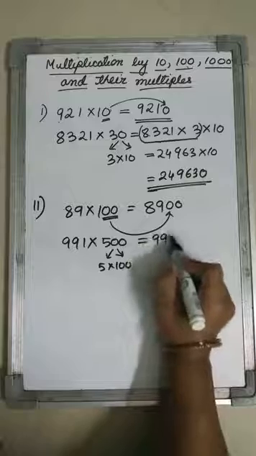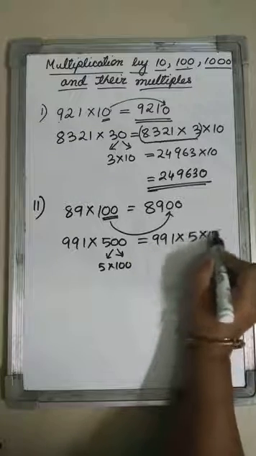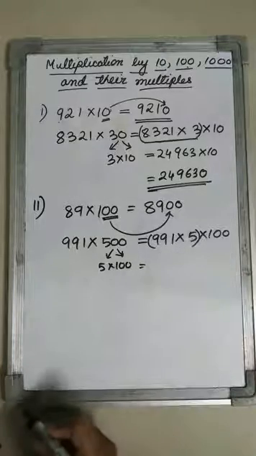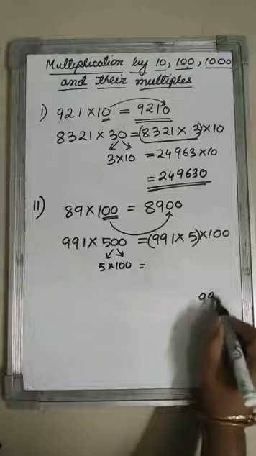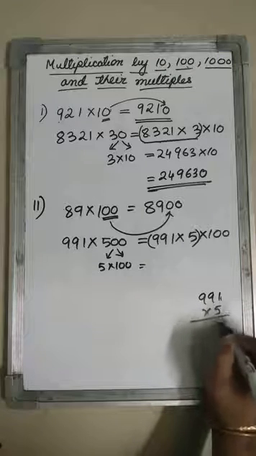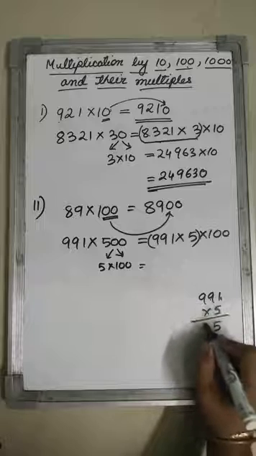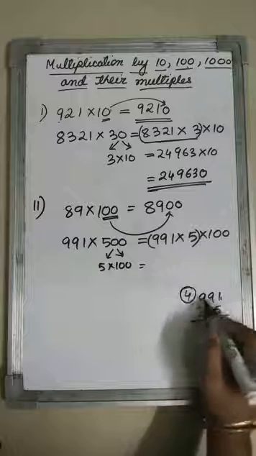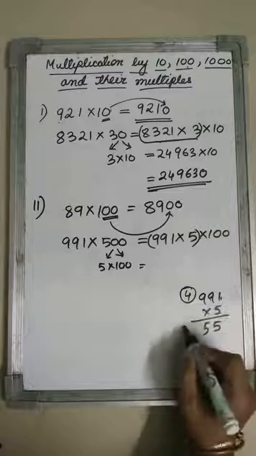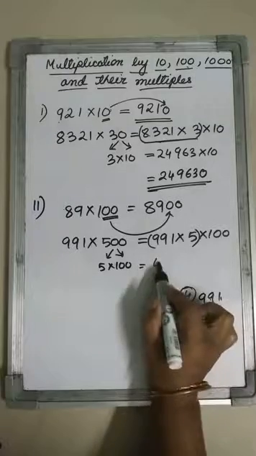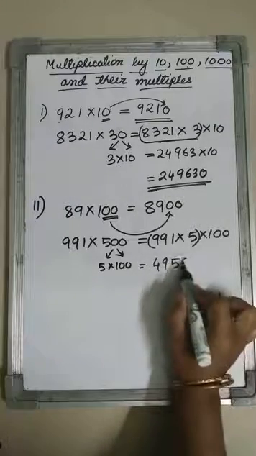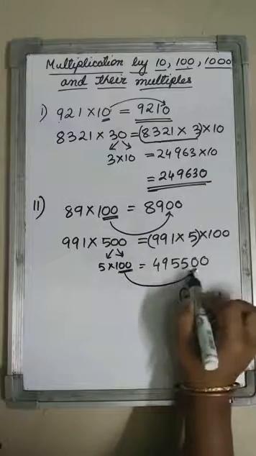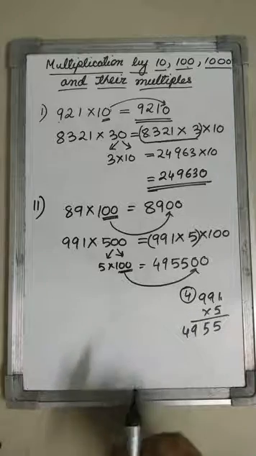So 991 into 5 into 100. In place of 500, make a pair of 991 and 5. So 991 into 5: 5 into 1 is 5, 9 into 5 is 45, 4, 9 into 5 is 45 plus 4 is 49. So it is equal to 4955. These two zeros I am going to add. So this is the result.